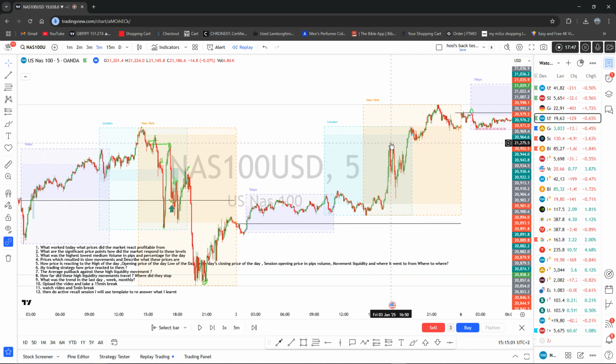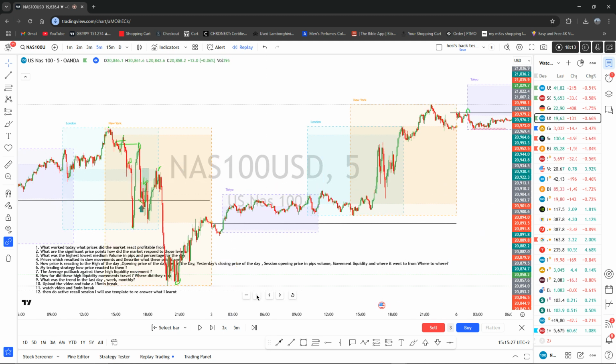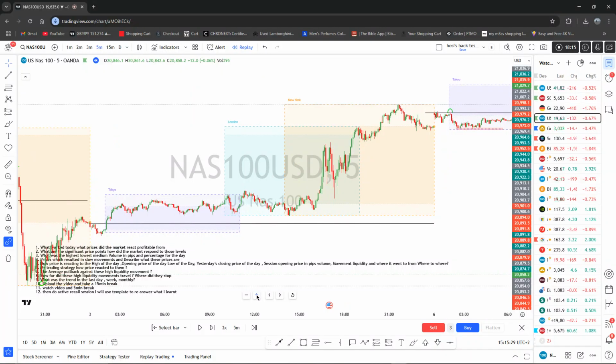It didn't travel a total of 160, it traveled first 120 pips and then came back there and traveled 166 pips in 15 minutes. So be cautious in the future. Be cautious, especially with selling.